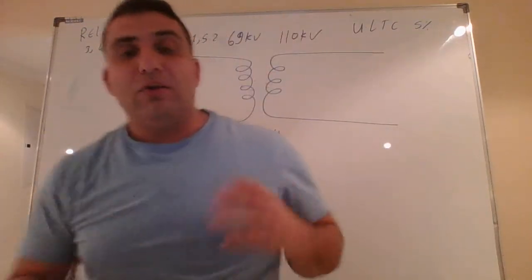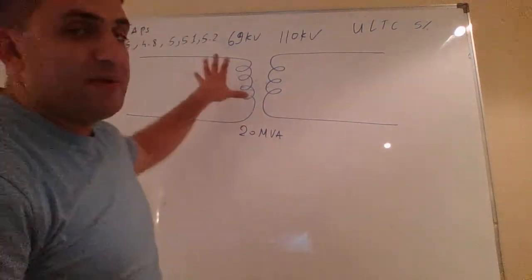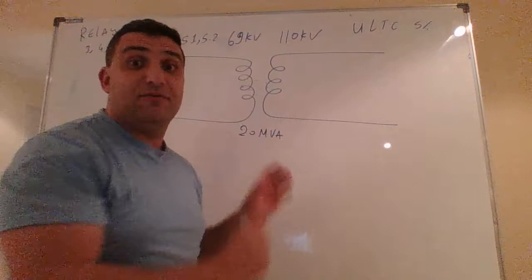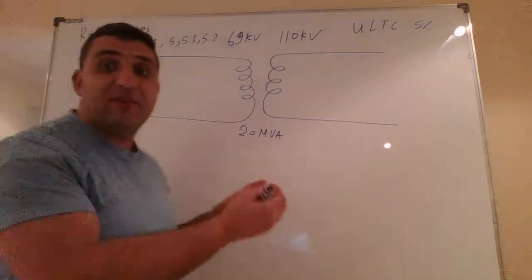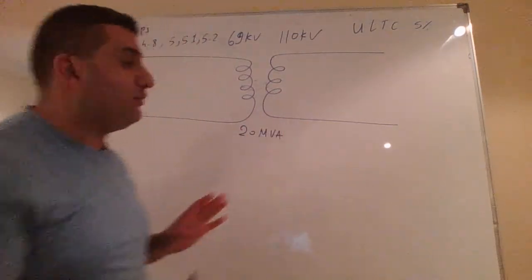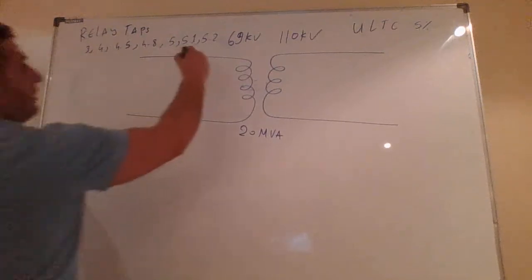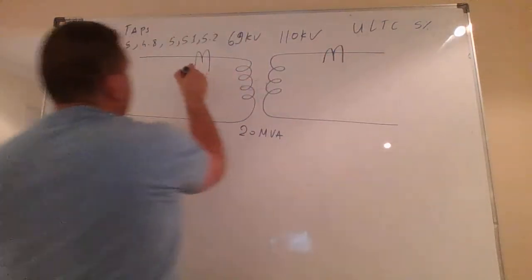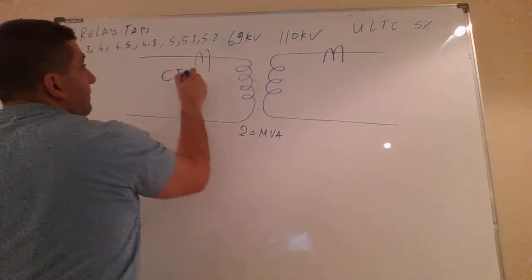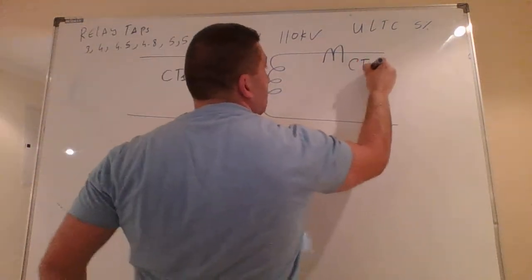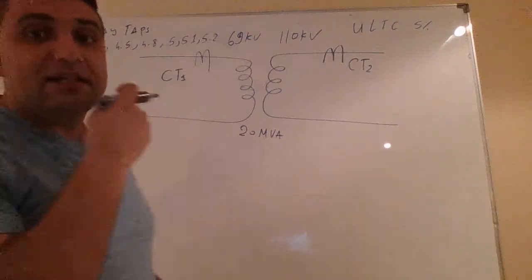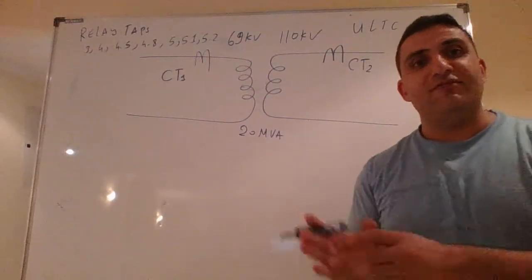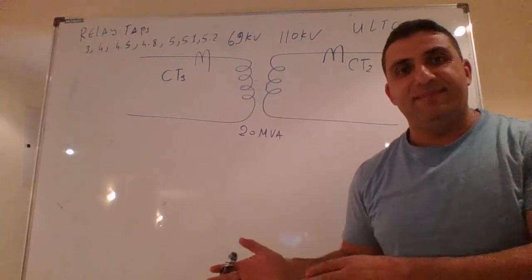Now, question number 1, I need to specify the CTs for this protection. How do I specify the CT of this protection? I need 2 CTs, CT1 and CT2. That's what I need to protect the system using the percentage differential relay.